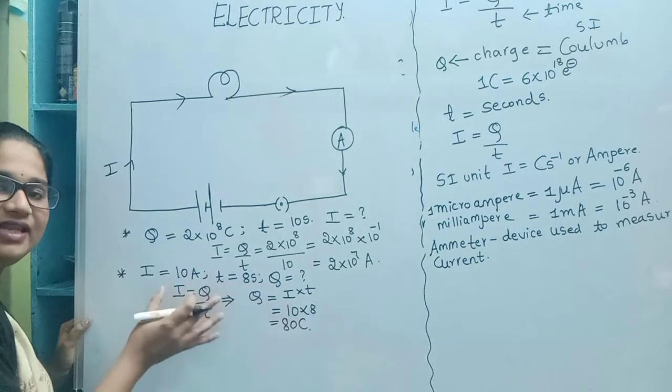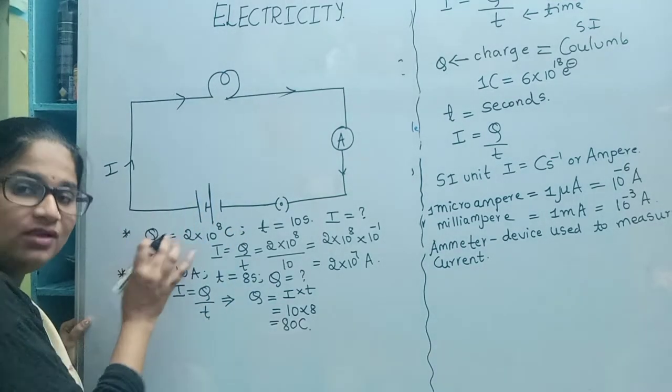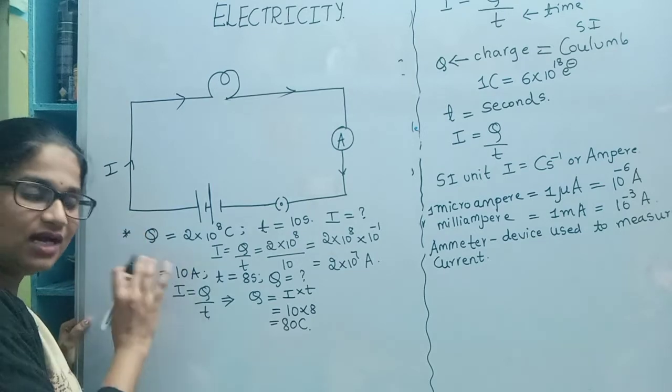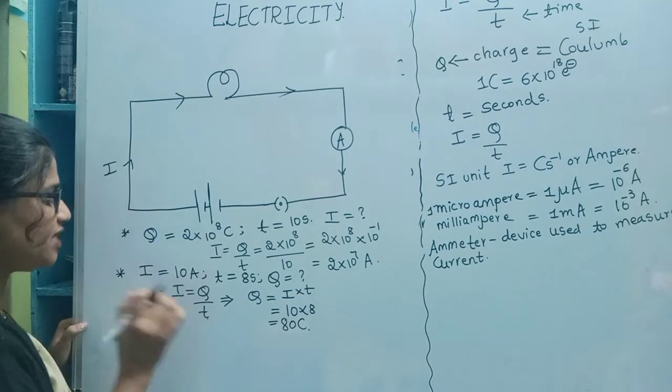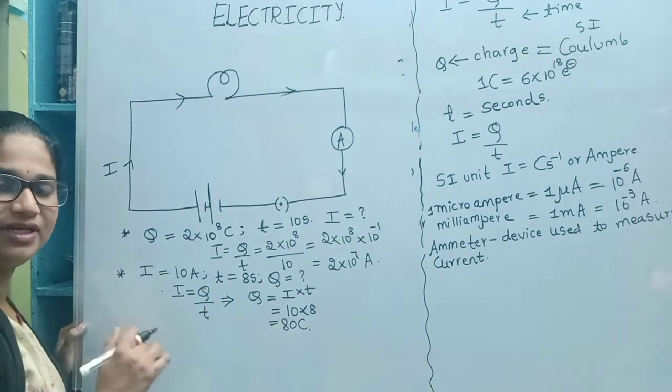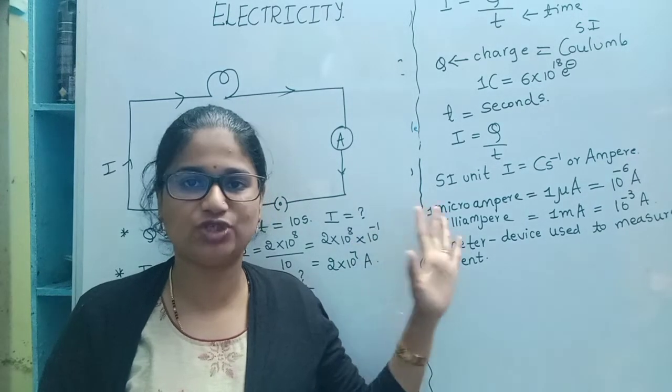This is how we get problems to find the charge, the current, or sometimes the time. Sometimes they give values in milliampere or microampere, where we have to convert.